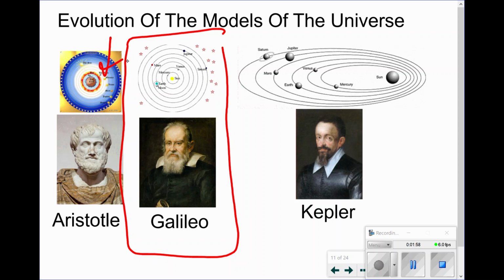Galileo's model is actually replaced later on by the work of a man named Kepler. Kepler's goal was to refine the circular orbit theory to make it more accurate.